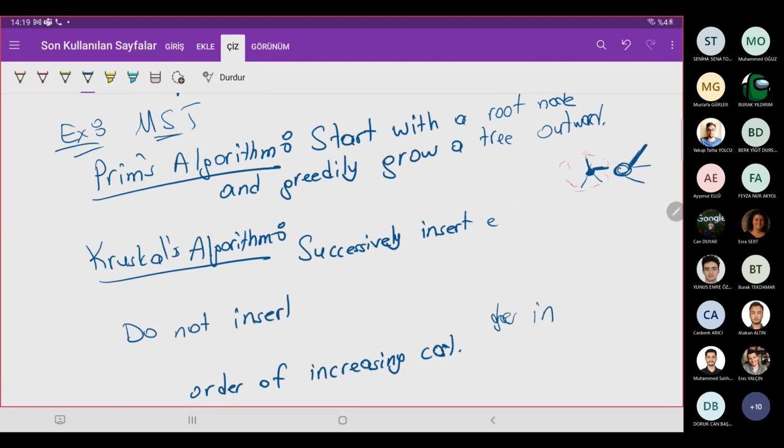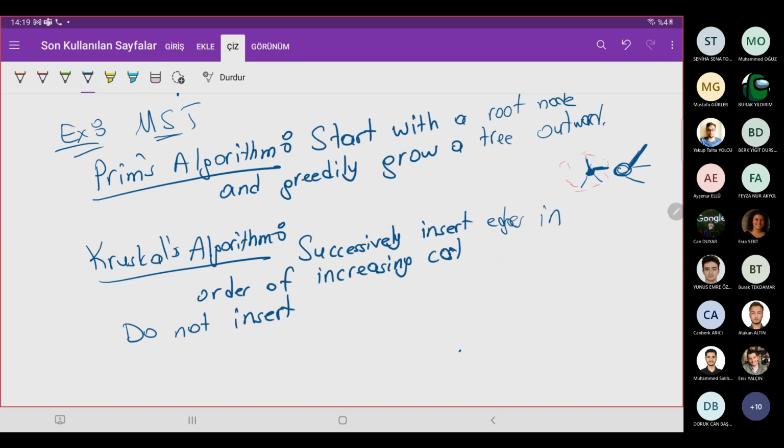Okay, in Prim's algorithm also I pick the edges such that the edge I pick does not create a cycle. So I maintained the property of it being a tree and I grow that tree outwards, okay? And in here, do not insert an edge again if it introduces a cycle.